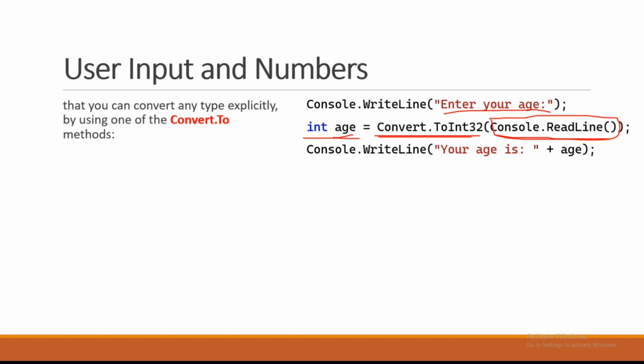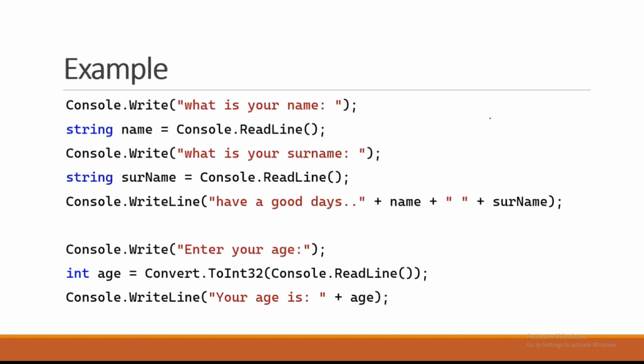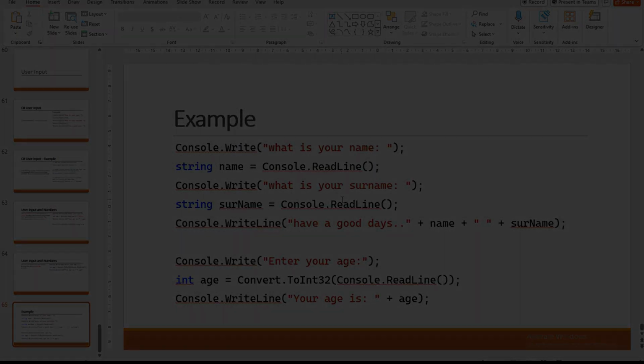If the user types, for example, a, it will not convert to int, and because of that we are going to get another error. It is important. We are going to see how we can manage this kind of error or different kinds of errors. Yes, this is the example, and this is where I finish my presentation.